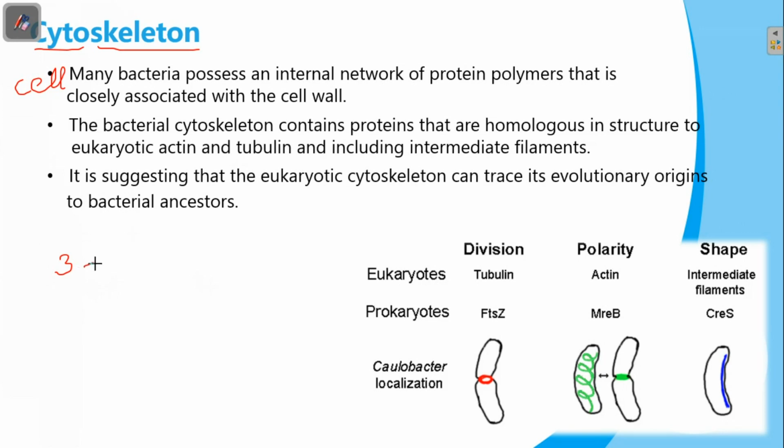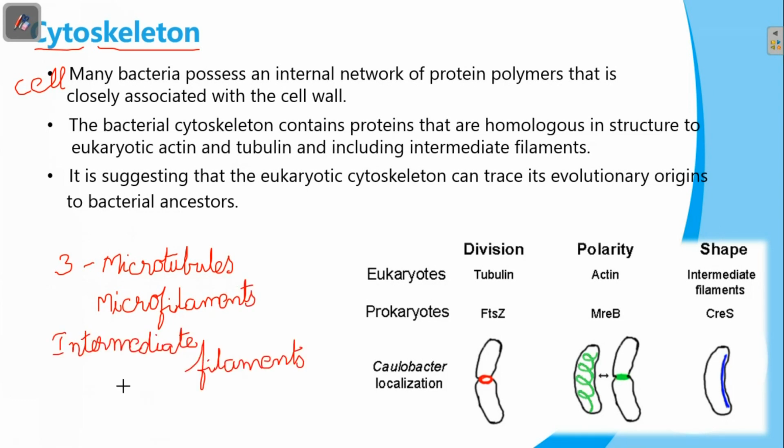They are microtubules, microfilaments, and intermediate filaments. Microtubules are made of tubulin protein. Microfilaments are made of actin protein. And intermediate filaments are made of IF protein.